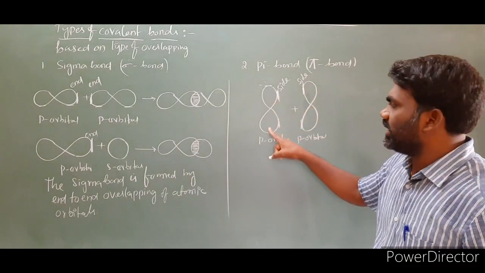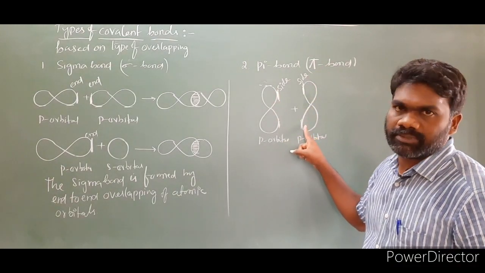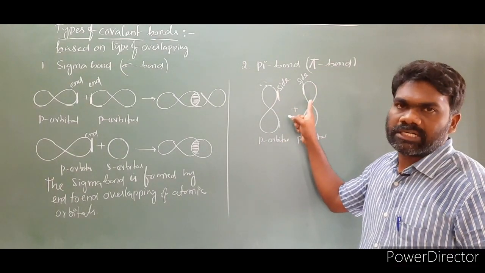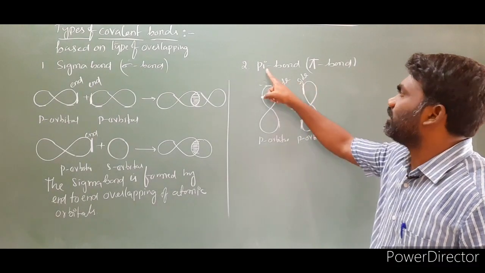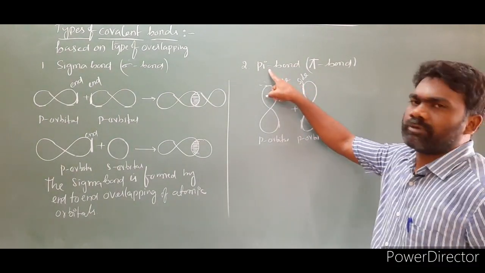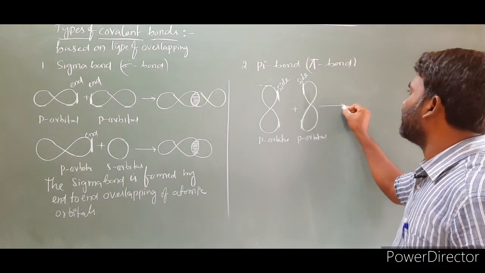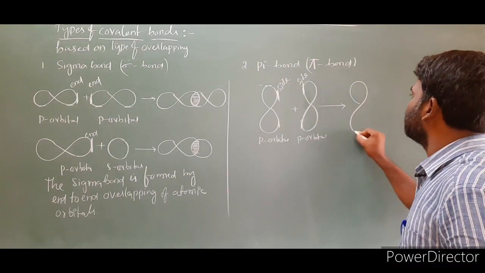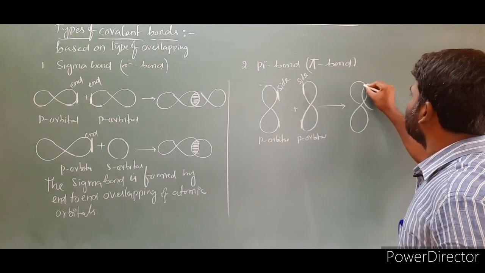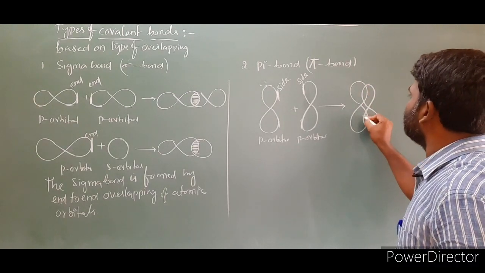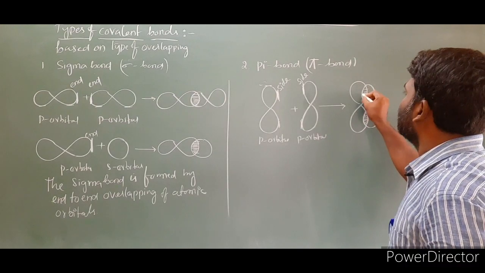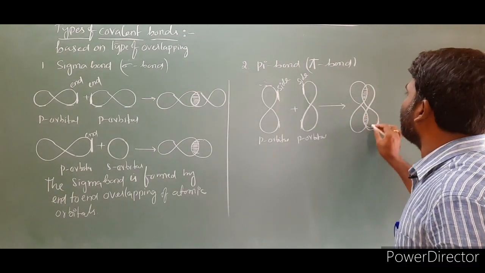The side part overlaps with the side part of the p orbital, not the end part. This is the end part, but we are taking the side parts. Side part overlaps with the side part. The resulting bond is a pi bond. So the pi bond is formed by the sidewise overlapping of atomic orbitals. Now what we will get is like this. This is sidewise overlapping of atomic orbitals.